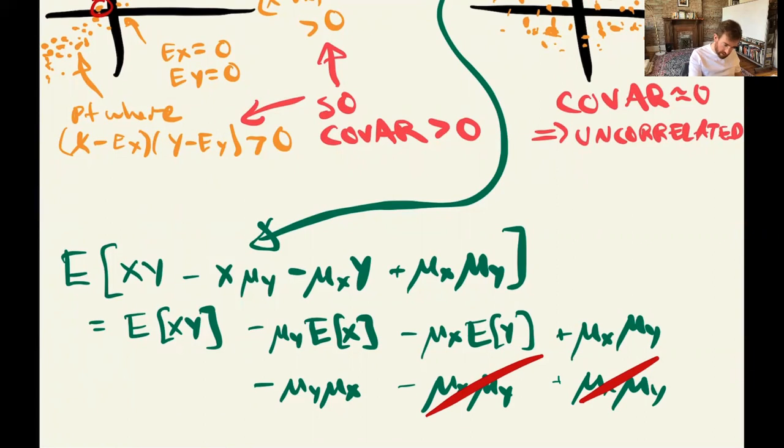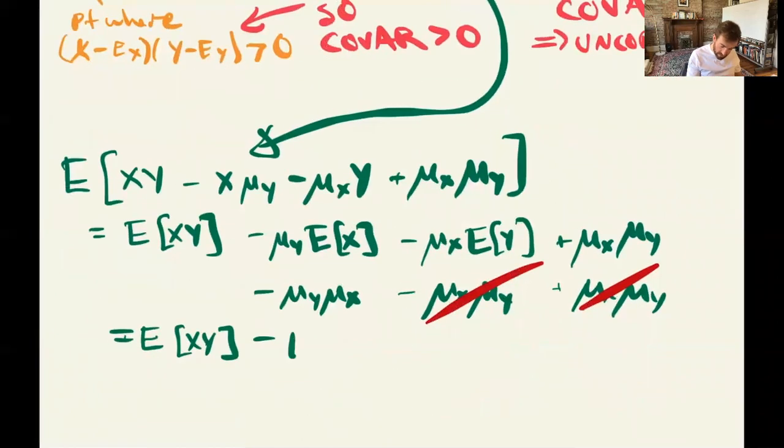So this ends up equaling the expectation of x y, minus, maybe to make it more suggestive, expectation of x times expectation of y.